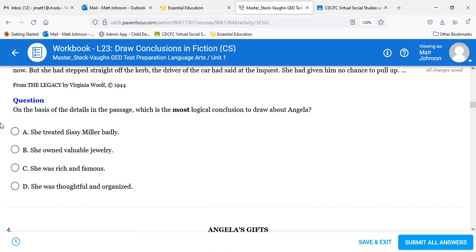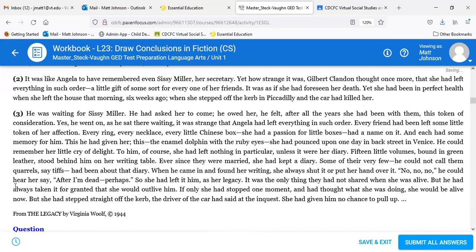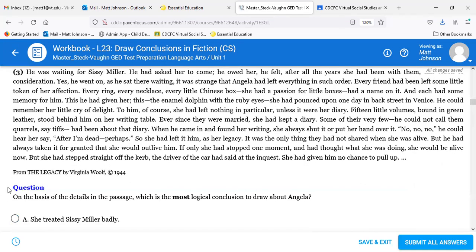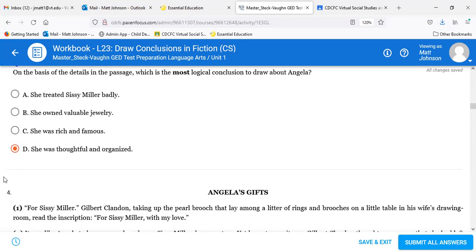C. She was rich and famous. D. She was thoughtful and organized. D. Yeah, she was thoughtful and organized. Every ring, every necklace, every little Chinese box, she had a passion for little boxes, had a name on it. That's kind of an indication that she's very organized.